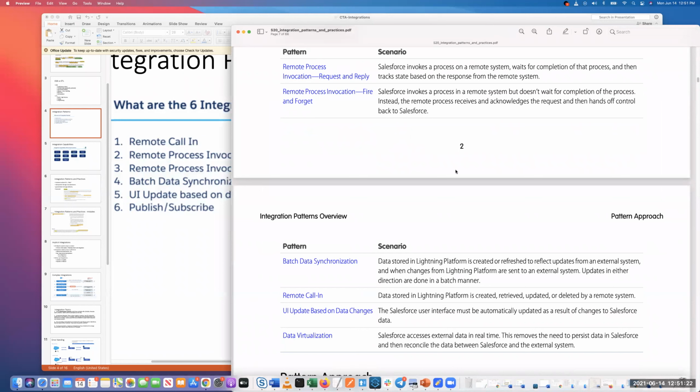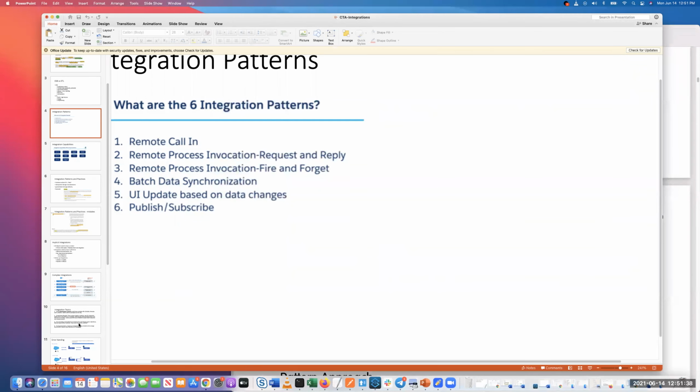Another question on the pattern, and how you label it. Let's say, because we're talking about error handling, we use the fire and forget pattern, but we receive a response and acknowledgement from the ESB on delivery of the platform event. So it would technically be a callback from the ESB to Salesforce. Yep. It's not request and reply because we are not waiting for a reply, but there are multiple replies.